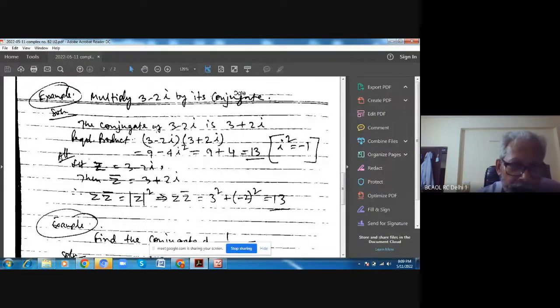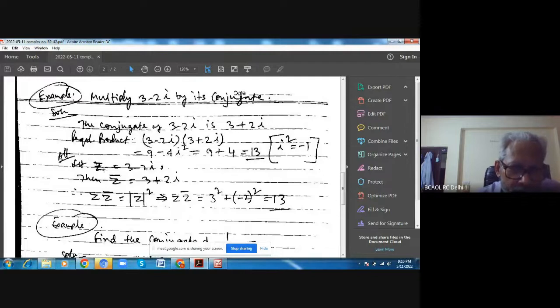First you take z equal to the complex number 3 minus 2i. Then the conjugate: you simply put a bar on that z, the sign will change. If it is a minus, then it is plus. So now it is a conjugate.